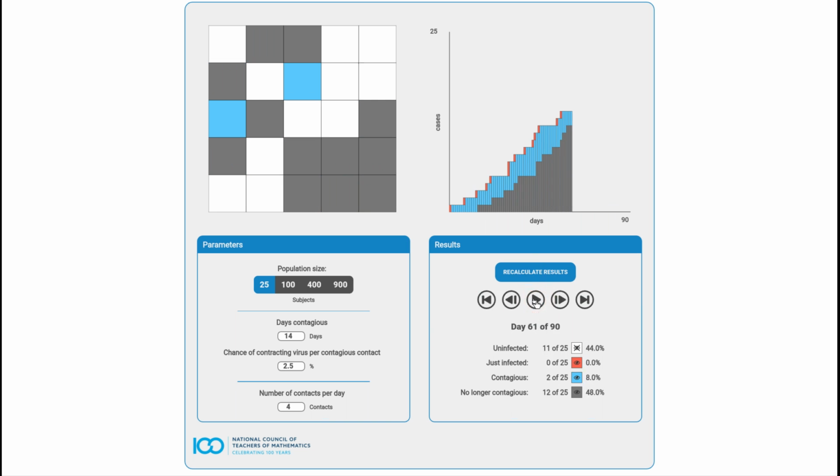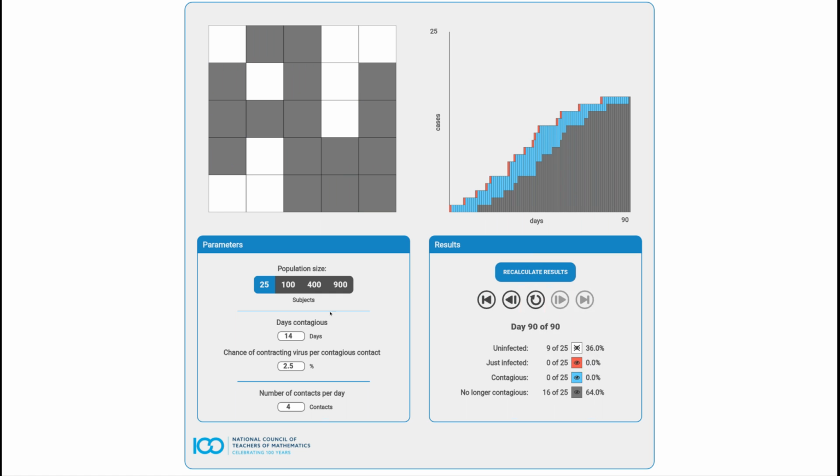On day 60, 61, 12 of them are over it, 2 are sick right now, and 11 still haven't been infected. So they keep going. At day 90, 1/3, 36% did not get sick at all. 64%, about 2/3, had it, and they can't get it again.